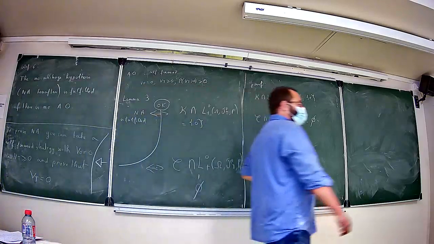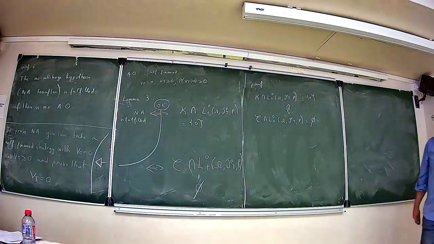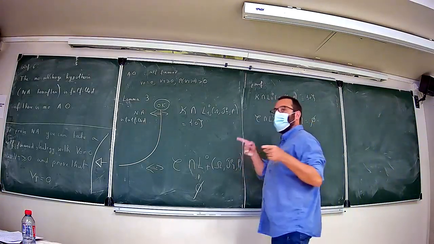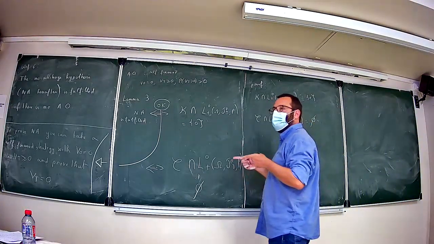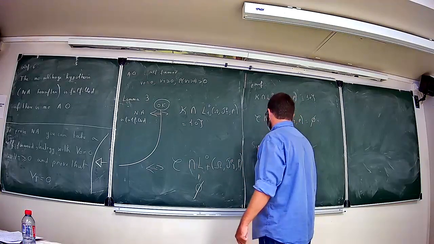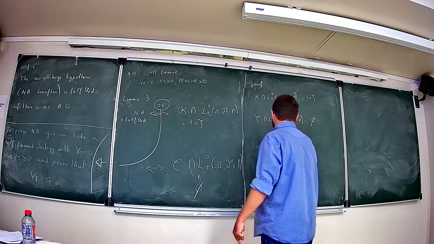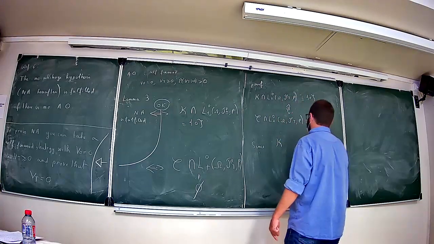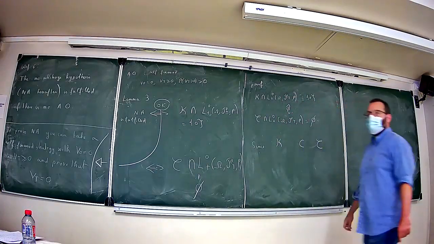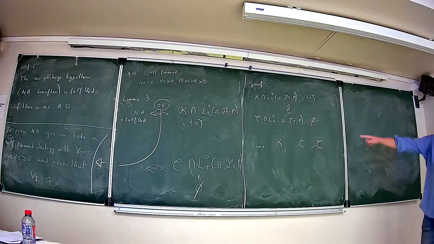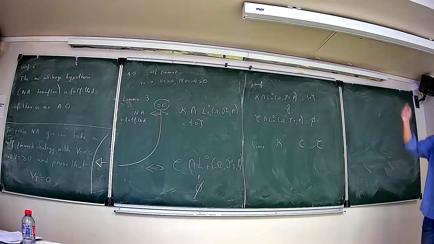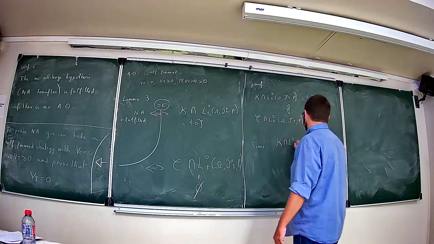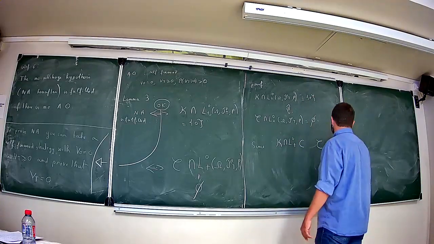Yes, one part of the job will be given by the fact that we have said previously that if I am replicable, I am over-replicable. So since calligraphic K is included in C, of course, I have this inclusion from what I have said previously. If I take the intersection with L0 plus, I have this one.